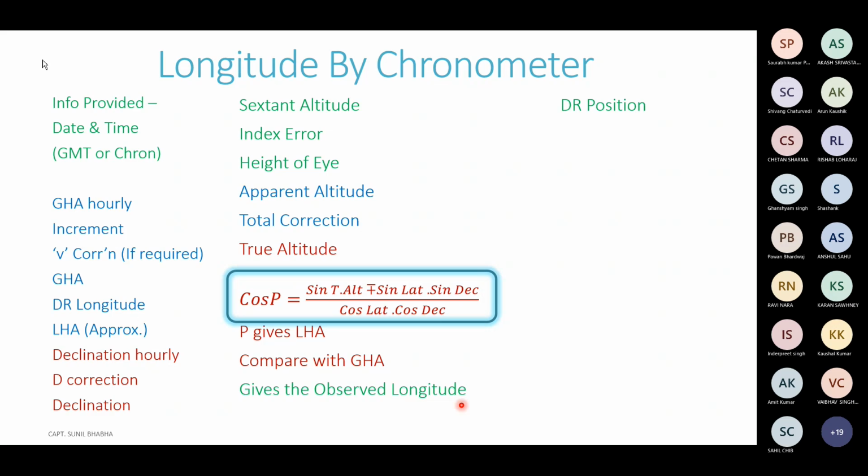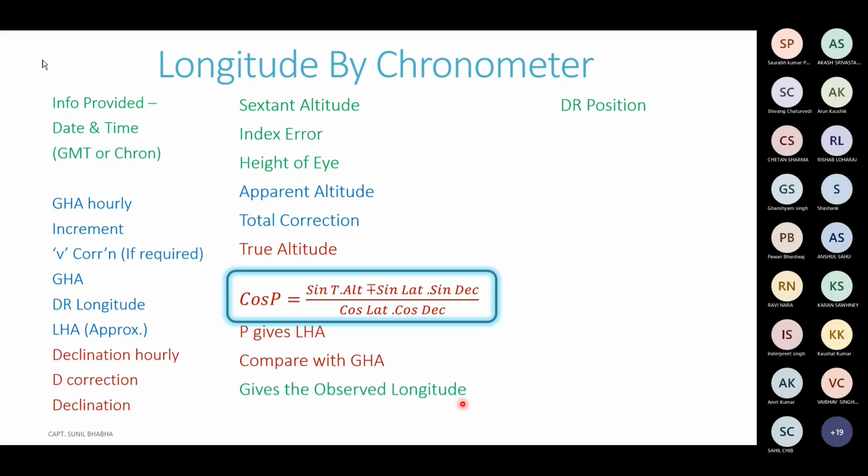Now, as far as the position line is concerned, only finding the observed longitude is not sufficient. We also need to find the direction of the position line. We have a reference point from where the position line passes, that is the observed longitude, but we also need to know the direction in which the PL lies.